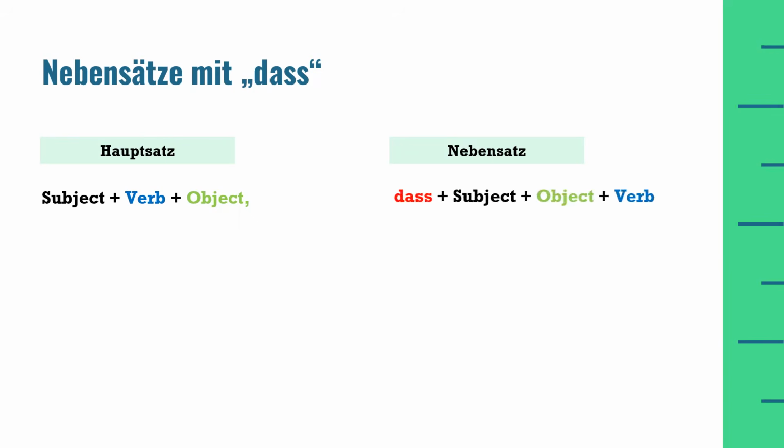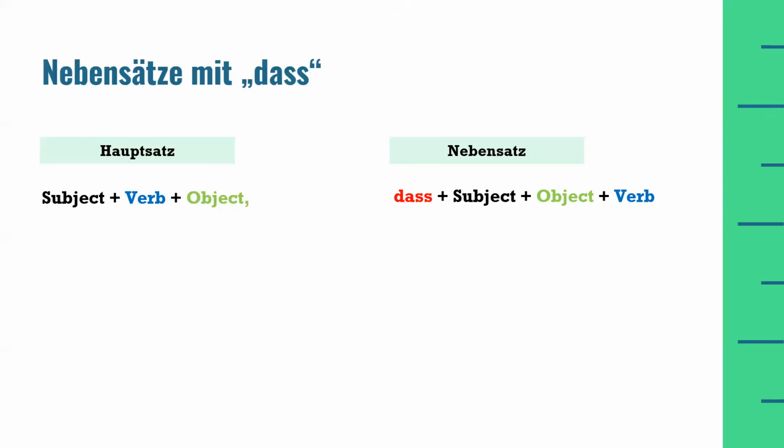But now we will concentrate on the Nebensatz because the Nebensatz will start with the dass conjugation. It will be followed by a subject. So the subject will come soon after dass. Then comes the object.